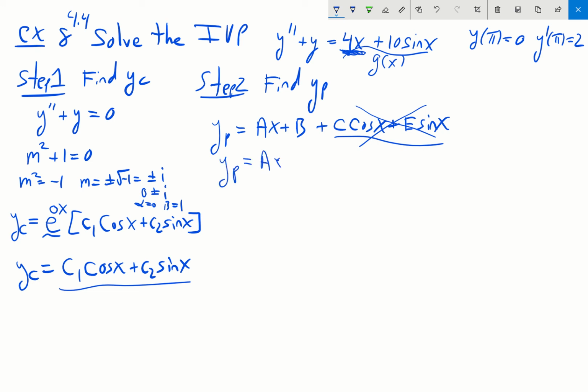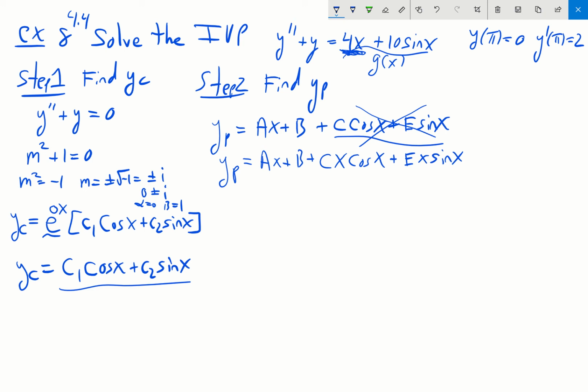Well, as we saw in the past, we need to multiply each of those terms by a power of x so that there wouldn't be any overlap here. So we're going to call this cx cosine of x plus ex sine of x, and we're going to propose that as our form for our y particular.